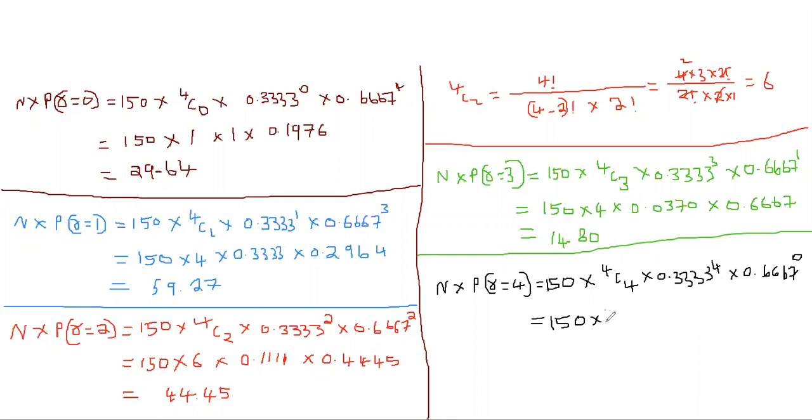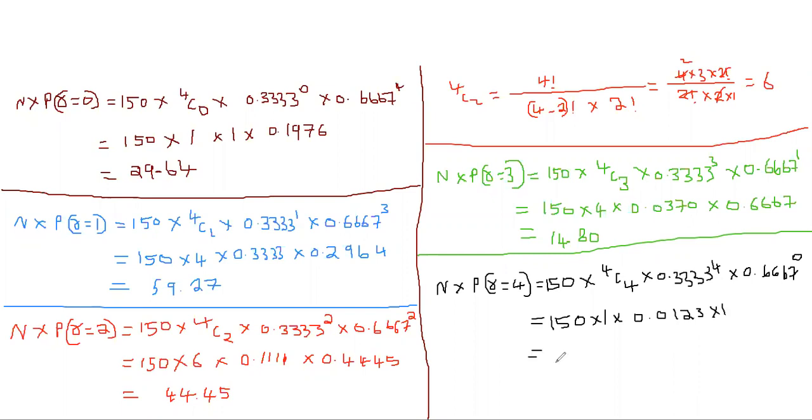Already I told you. 1 into 0.3333 raised to the power of 4. That is 0.3333 into 0.3333 into 0.3333 into 0.3333 is equal to 0.0123 into 1.